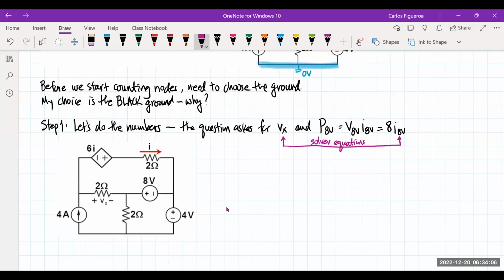Okay, so now that I have that, now I'm going to go label my nodes. So here's my first node. And then here's my second node. And so that means I'll call this guy V1, V2. And then we've already said that this is my choice for my ground.